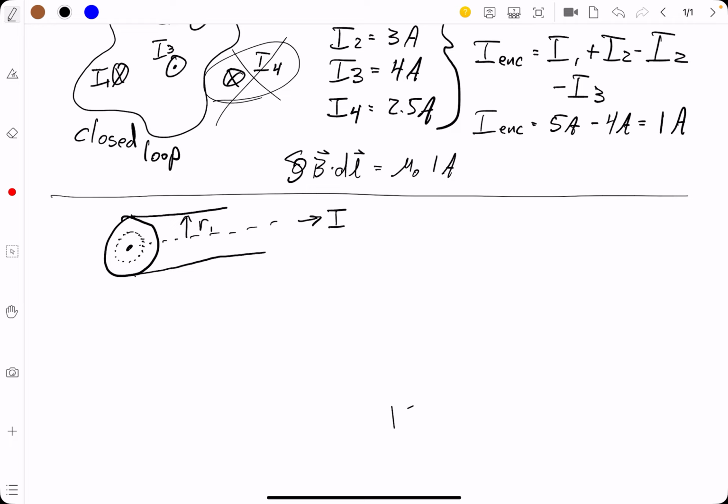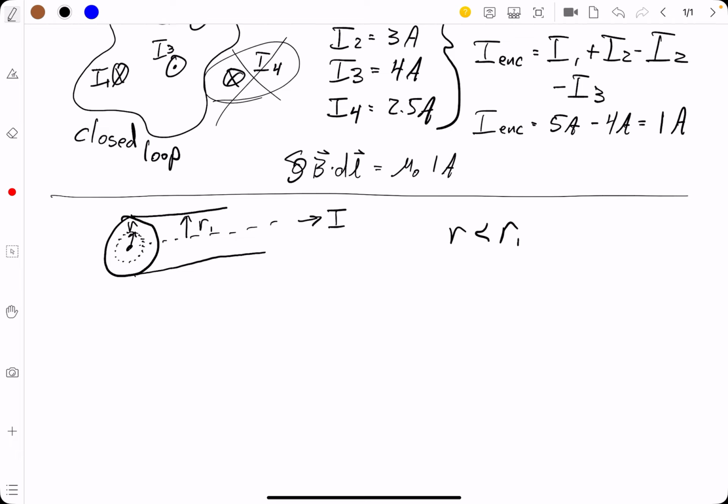So I want to put a little r in there. Okay, hopefully you guys can see that. So I've got little r is less than R1, okay? And I want to know what the B field is from just the current going through that part of our wire, all right?